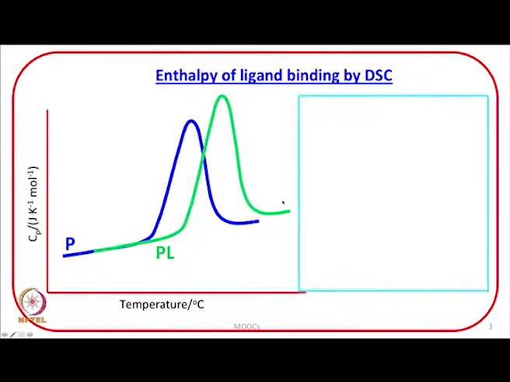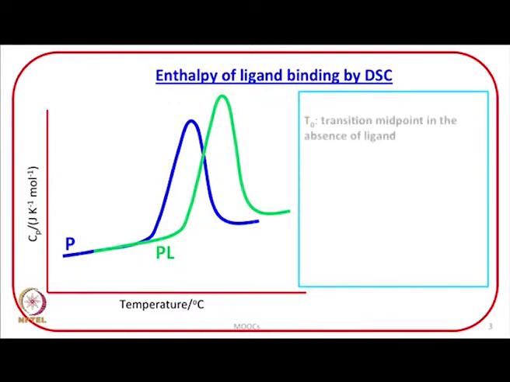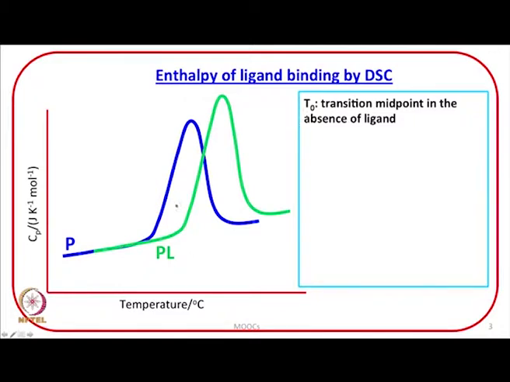Now let me define some thermodynamic parameters associated with these transitions. Let us call T0 as the transition midpoint in the absence of ligand, that is for the blue line. Tm is the transition temperature in the presence of ligand, that means it is for the green line.